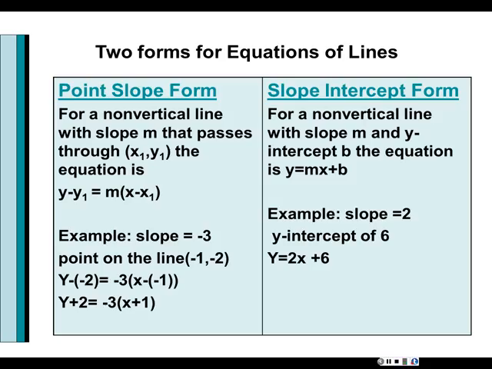The other option is, if you don't have m, you will need 2 points, because using 2 points, you can get the m. And out of those 2 points, you can use either one of them to write your equation. So either you use x1, y1, I'm saying the first point or the second point, whichever you want.